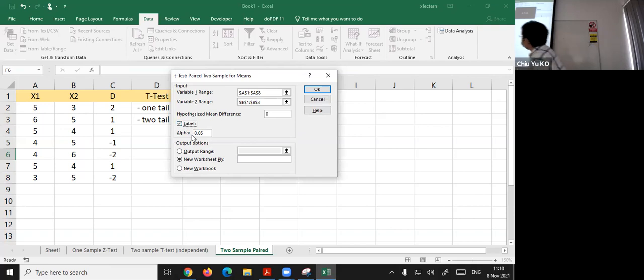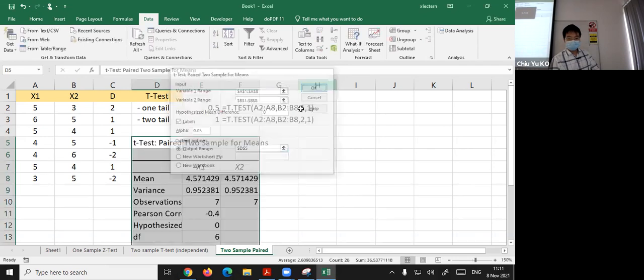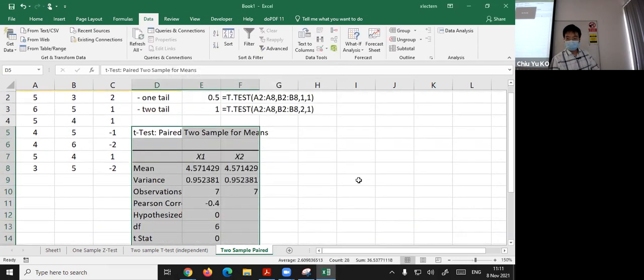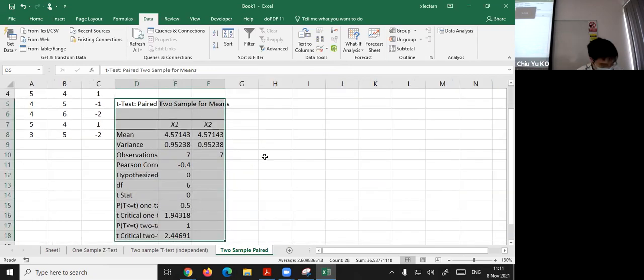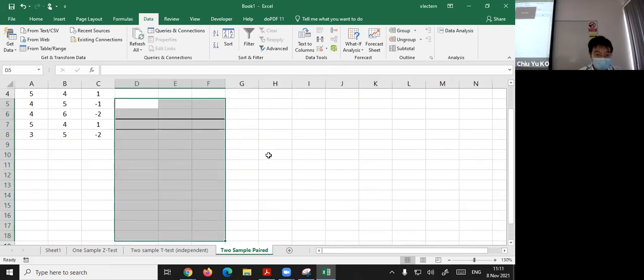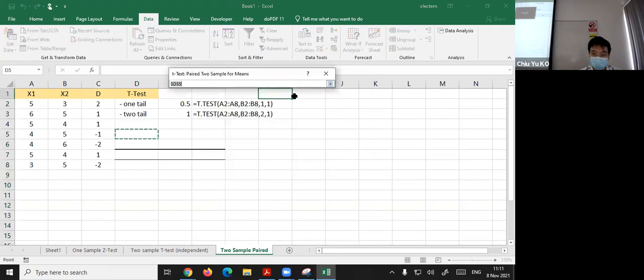So I have data from A1, data from A2, and then I have 0 and labels. For the output, I'll just put it here, in the other area. Putting it here is better.